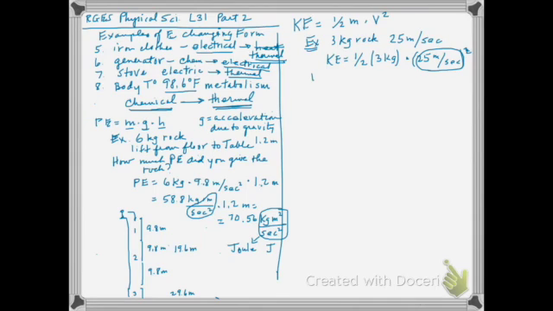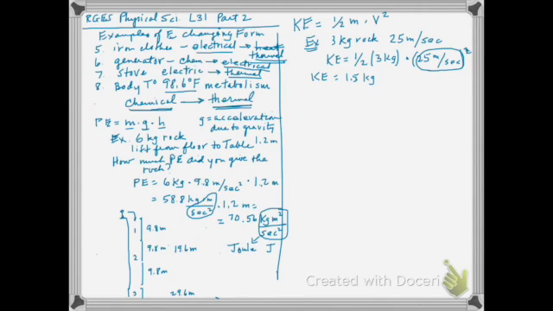Now, let's go ahead and work it out. The kinetic energy, and you always keep it in equation form, is 1/2 of 3. 1/2 times 3 is 1.5, right? So we have 1.5 kilograms. We just did this first part of the equation.